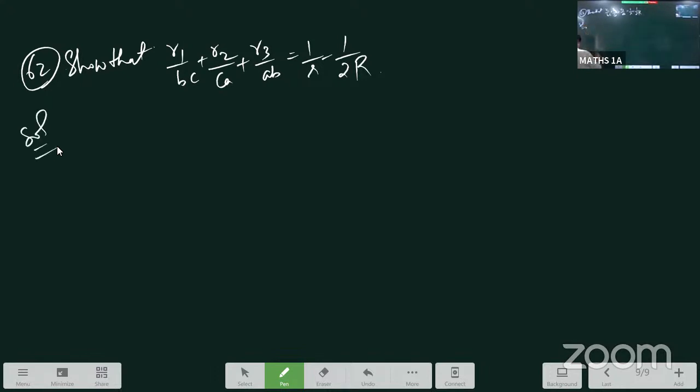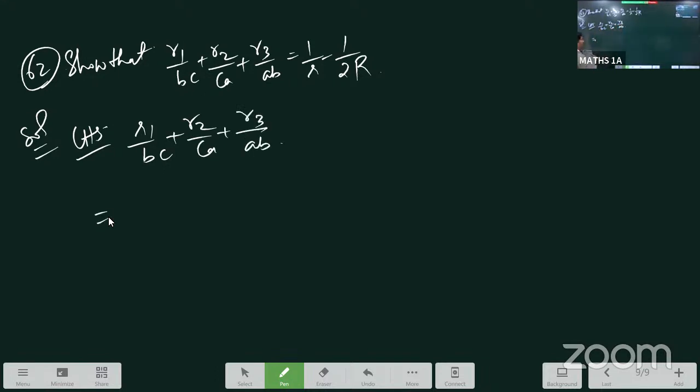Right. Now, once again, I will take LHS. R1 by BC plus R2 by CA plus R3 by AB. First, you multiply and divide with A in the first part.